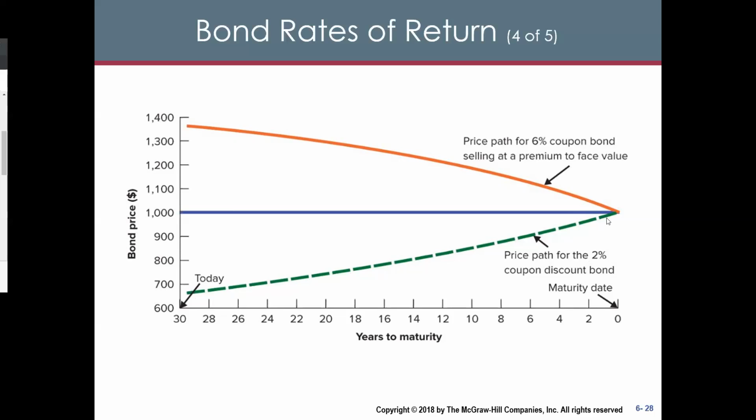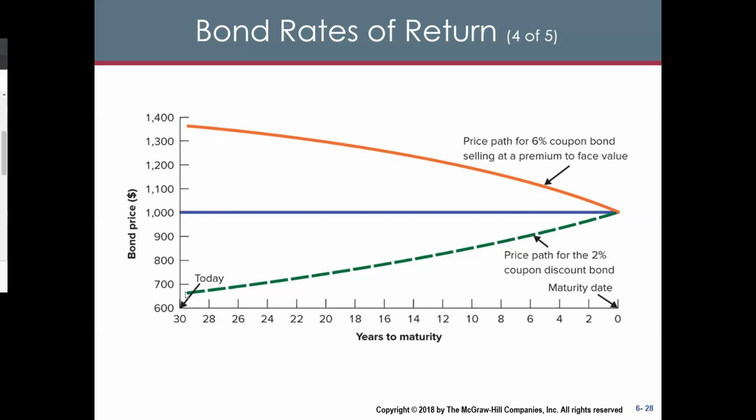In the end, like 1 second before the maturity date, you are going to receive the face value of $1,000, which also means when holding the bond till maturity, the value of the bond is $1,000. So the price will converge to $1,000 as the face value. This is the shape of this graph.